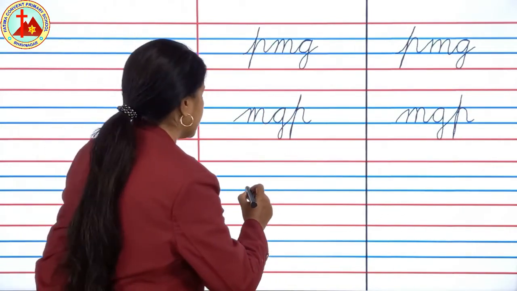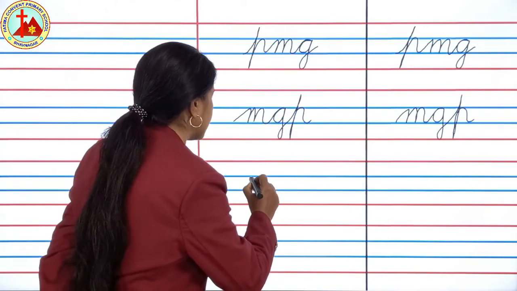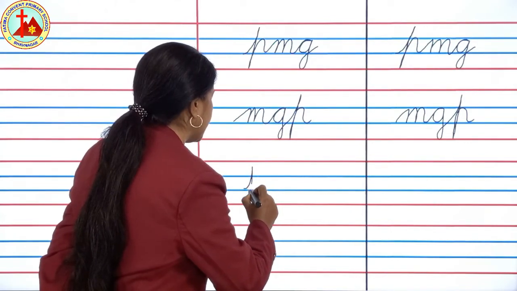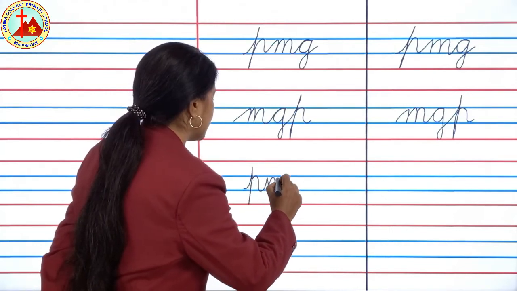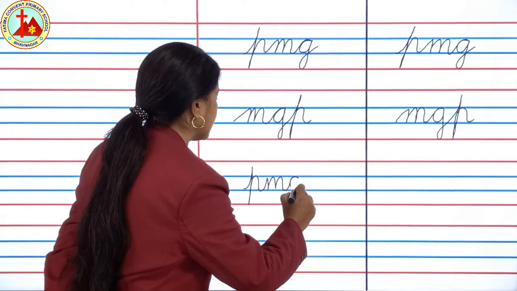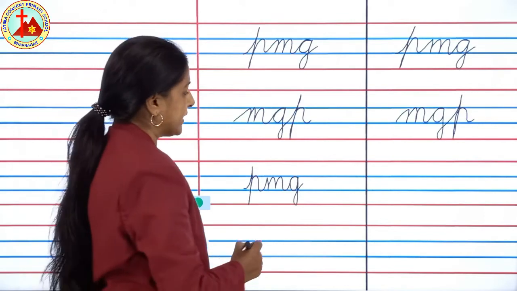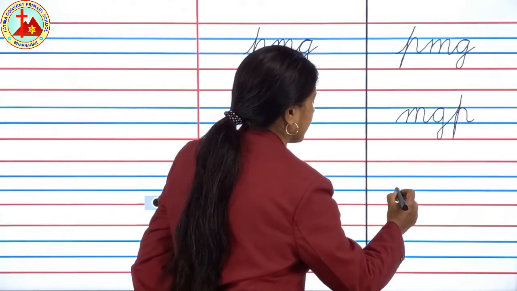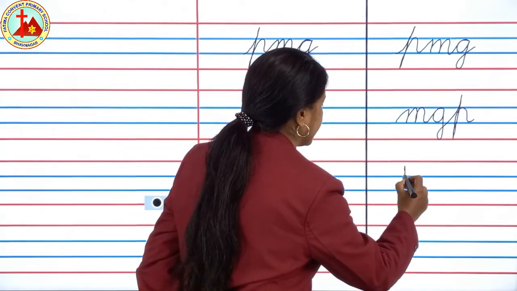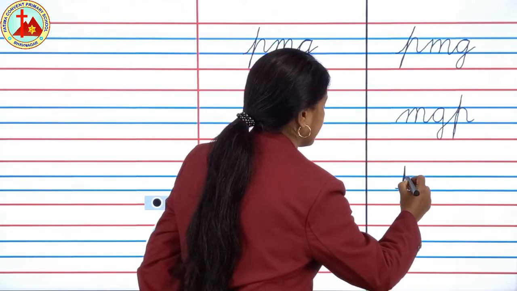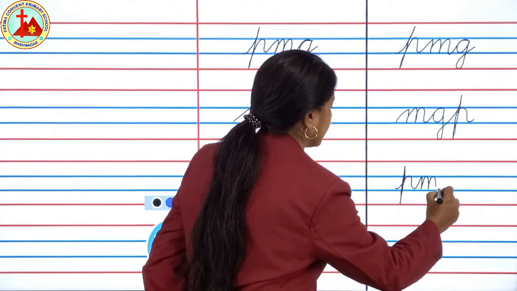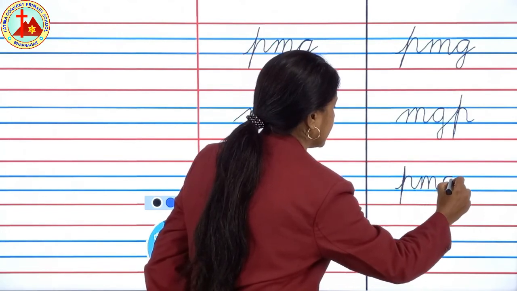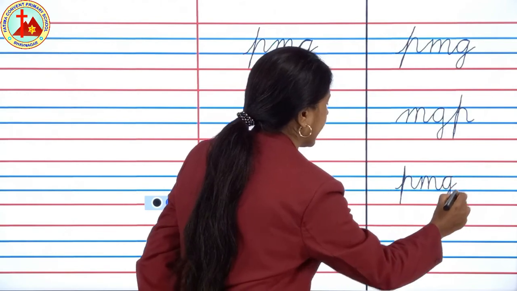Again, children, be careful. See how Miss is writing. P, M, G. Joining of three letters. It is for practice. You can write any three letters, but without lifting your pencil and hand. Like this you all have to write.